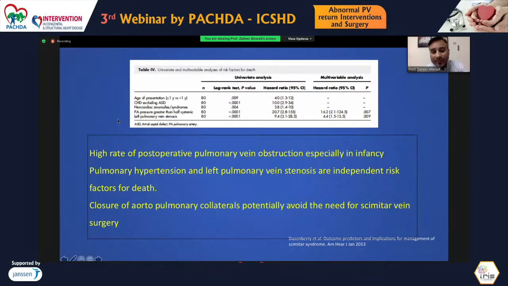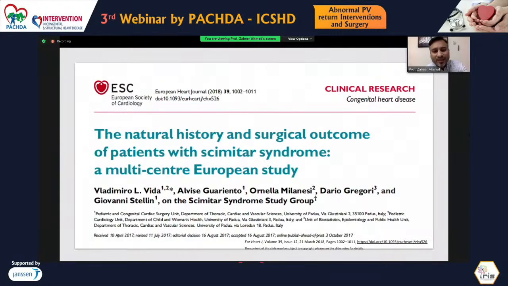The conclusion of their paper was that there was a high rate of postoperative pulmonary vein obstruction, especially in infancy, and pulmonary hypertension and left pulmonary vein stenosis are independent risk factors for death. They strongly suggested that closure of aortopulmonary collaterals should be done to avoid the need for scimitar vein surgery.